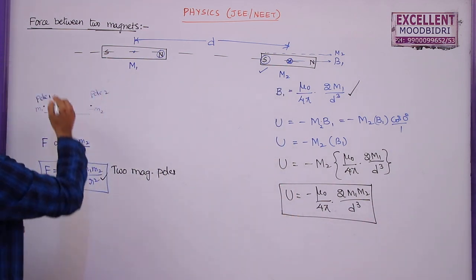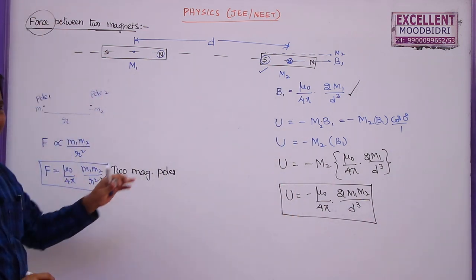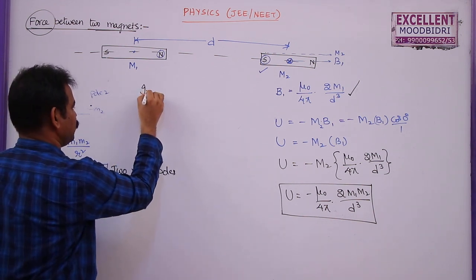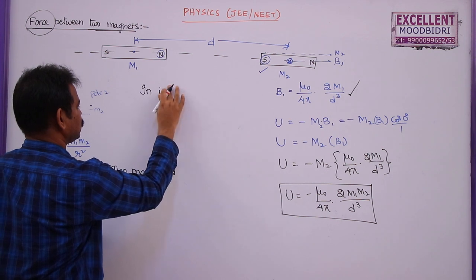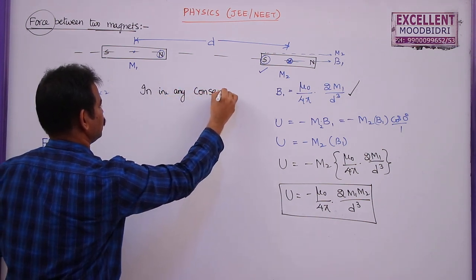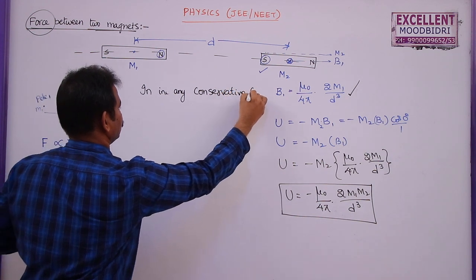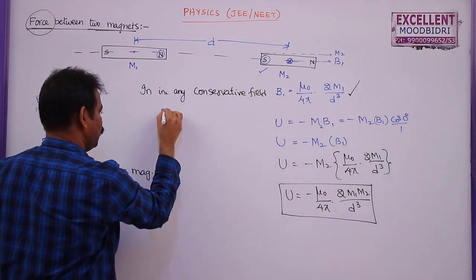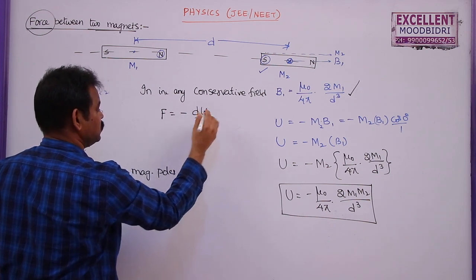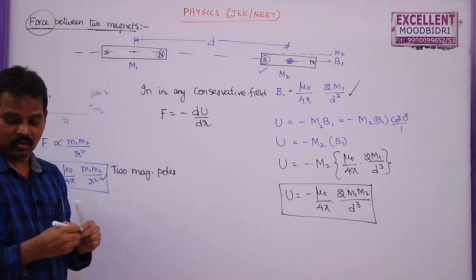But as we wish to find out the force, and a magnetic field is a conservative field, in any conservative field, force is the negative gradient of the potential energy, which we already discussed in electrostatics.